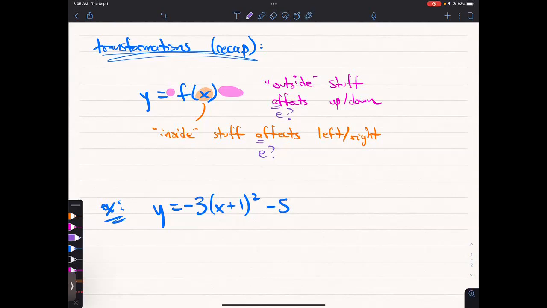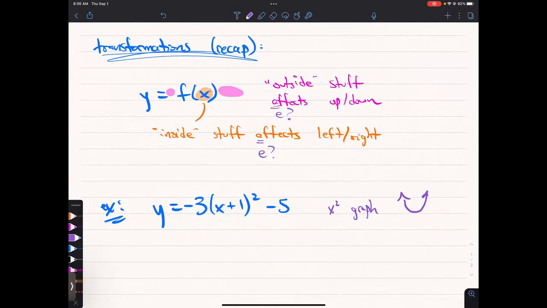Start with what kind of a thing it is. Okay, so the parent function is x squared, so it's a parabola, or a U-shaped graph, however you want to say that, opening upward, sitting on the origin until we start moving it around.